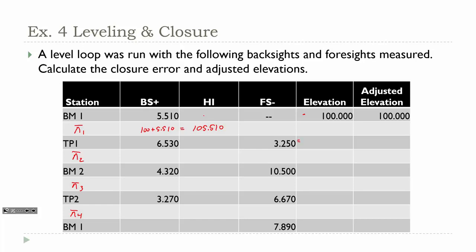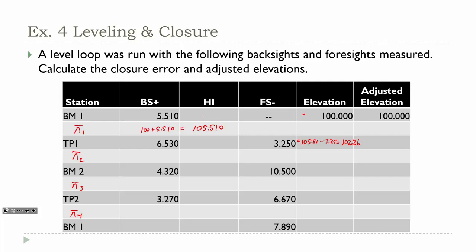So elevation is going to be equal to our HI, 105.51, minus the foresight of 3.25. That's going to give you 102.26.